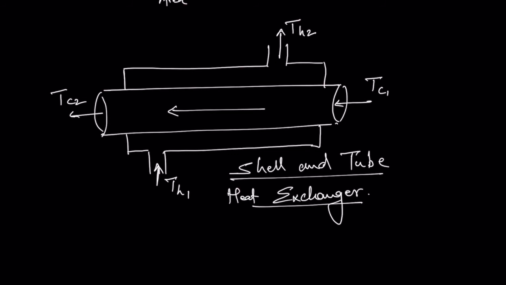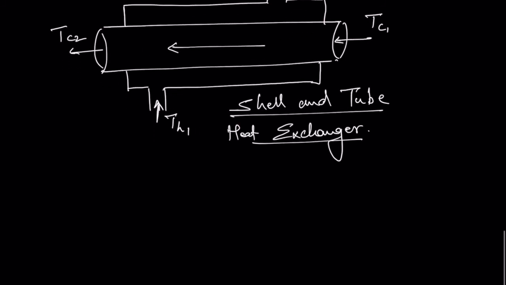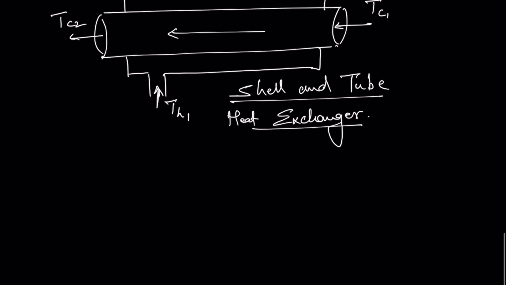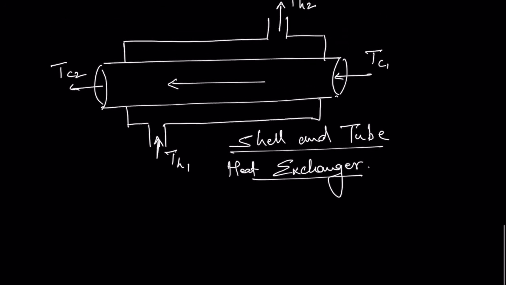And if you want to draw in a line diagram, it's actually a single pass shell and tube heat exchanger, so there are multiple pass heat exchangers also. So what is single pass and what is multiple pass heat exchanger?